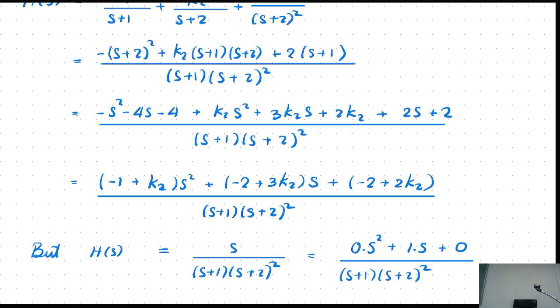Now, for them to be equal, you have to compare terms. This term would have to be 0, this one would have to be 1, and this one would have to be 0. The only way that makes it possible is that k2 is equal to 1. When k2 is 1, the last term is 0, the second term is 1, and the first term is also 0.